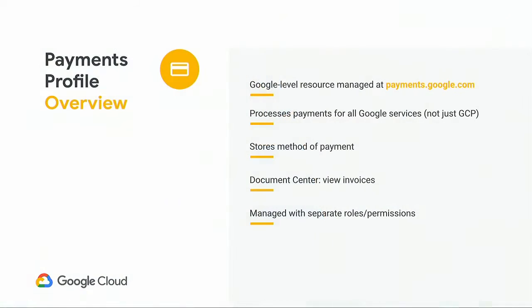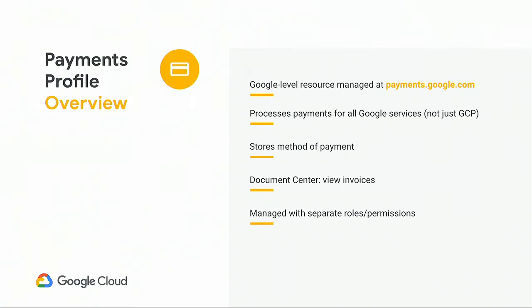So this is great. This is great because, as you can see, the payments profile sits outside of your GCP resources. And you need to understand why this is important, because there's a huge connection between the payments profile and the billing account. We'll talk about why it's important and why you should take note of it. So the payments profile is actually managed in a completely different console. It's not managed in the GCP console.